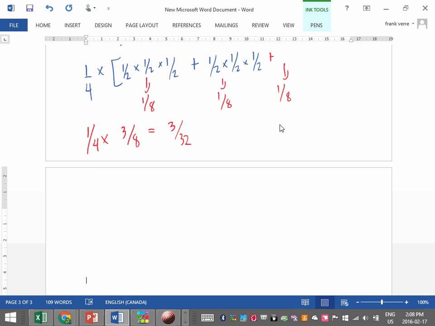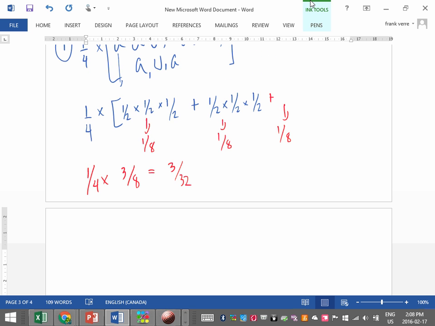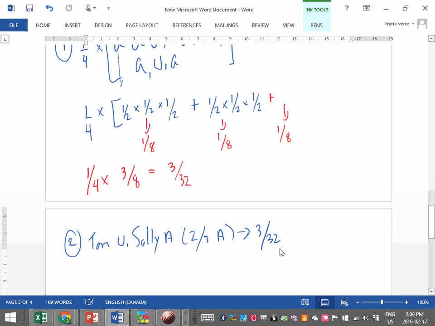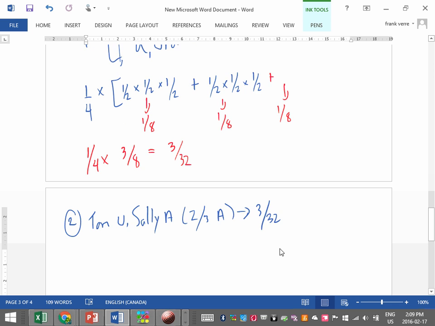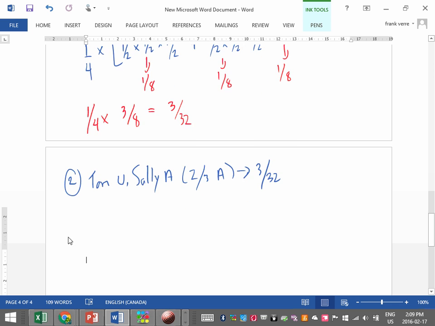So we could say that sequence 2, where Tom is unaffected but Sally is affected, and we have, again, 2 out of 3 kids affected, it has to be the same. It has to be 3 out of 32. Right? Exactly the same as sequence 1. The one that is different is sequence 3.